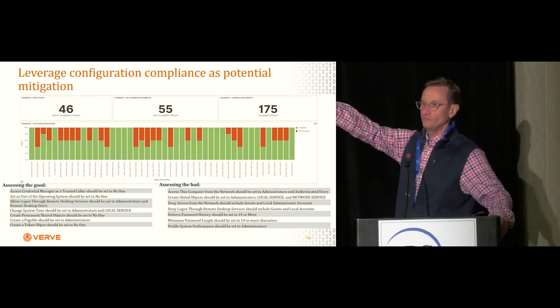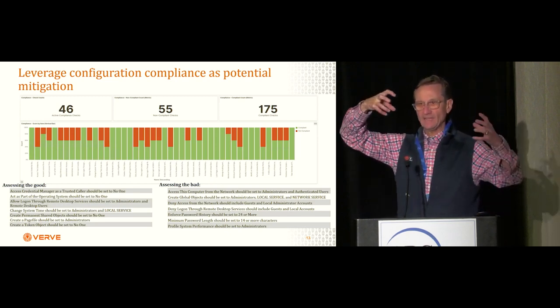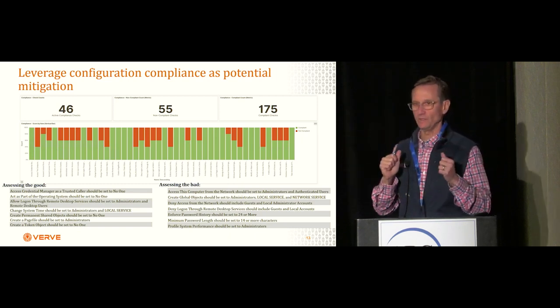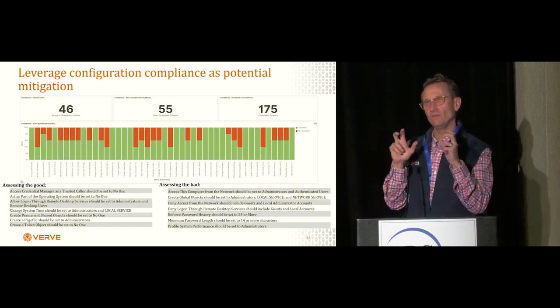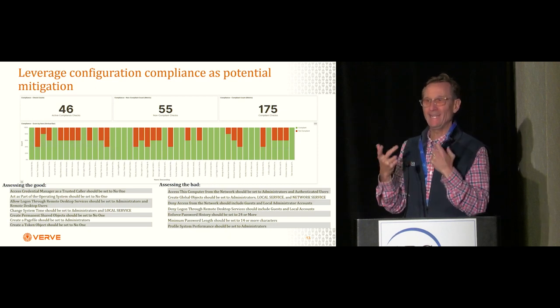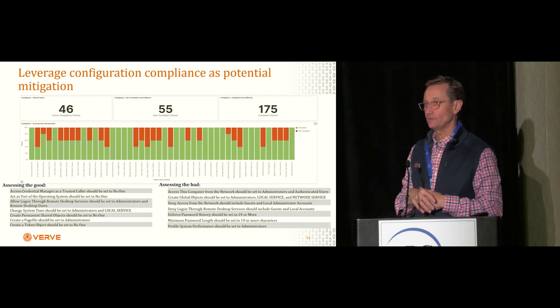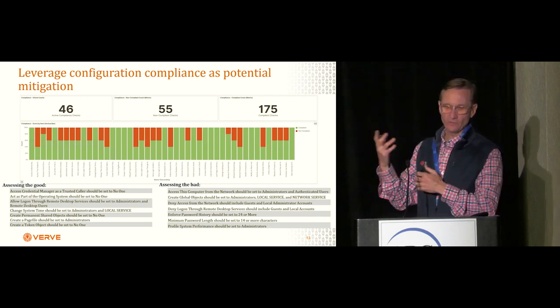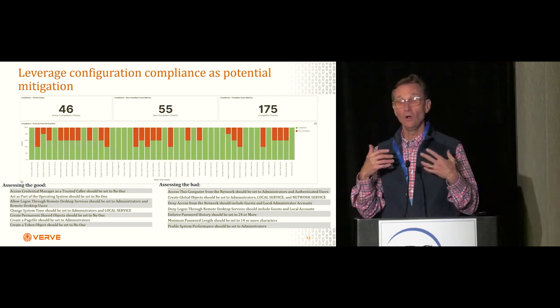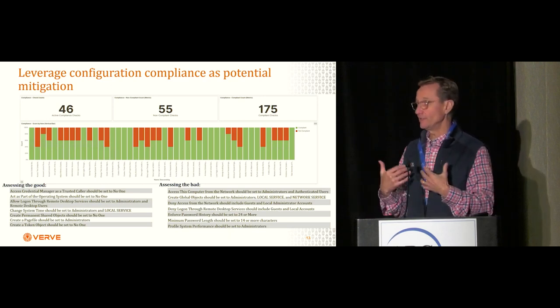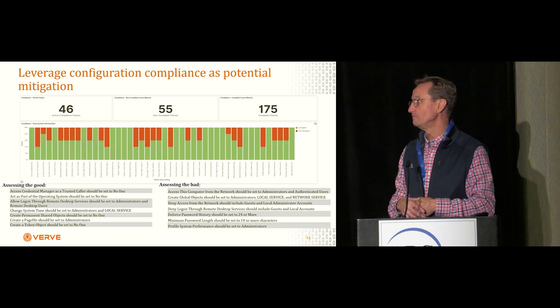So by pulling in these configs, we can combine them with our vulns and decide how critical this one really is. Or have we solved, is the wrong term, have we mitigated it in some way with a compensating control using configs? And by the way, we use typical standards like DISA STIG and others, but many of our clients have built their own standards, and so we can bring those in if a client so chooses.